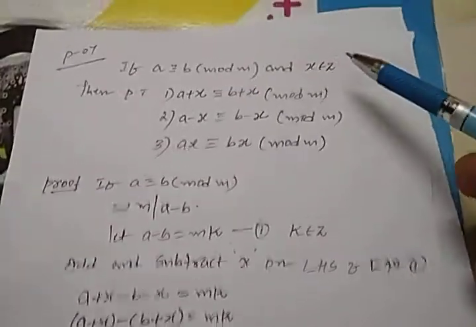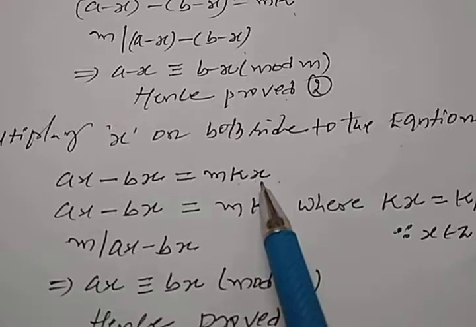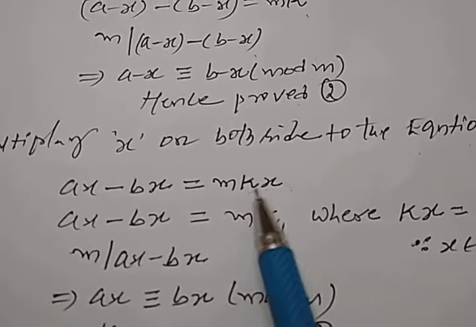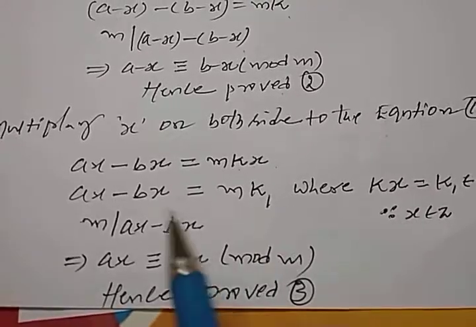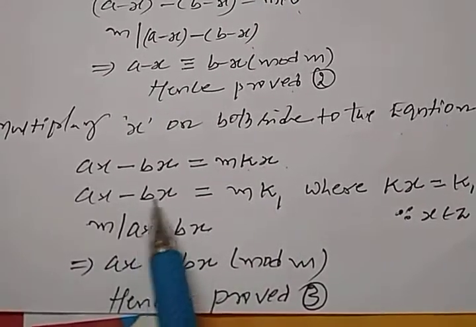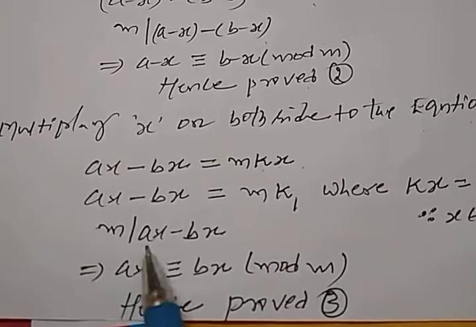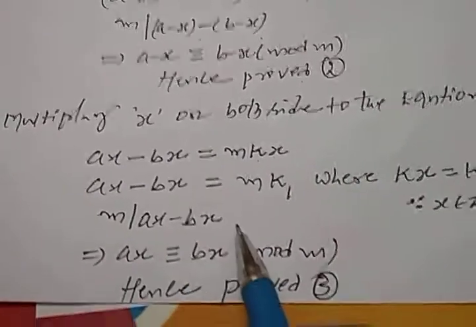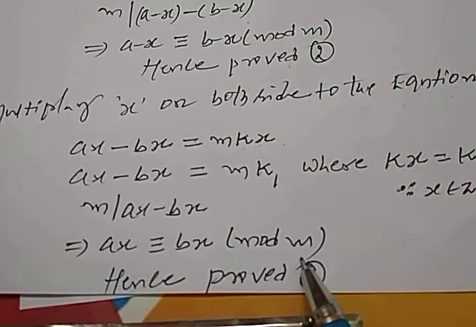Since X is an integer, as given in the data, and K is another integer, the product of these two integers is another integer, say K1. So AX minus BX is equal to MK1. This can be written as M divides AX minus BX. If M divides AX minus BX, AX is congruent to BX mod M. So hence proved the third one.